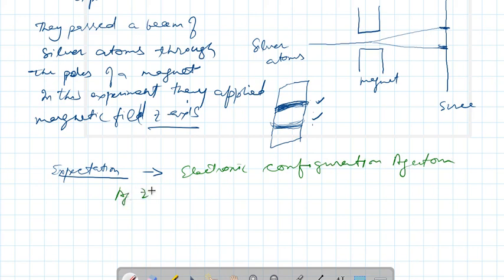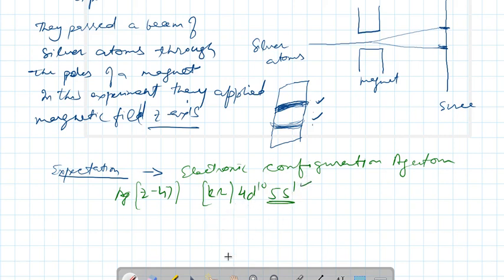Silver atom, its atomic number is 47 and its electronic configuration is krypton 4d10 5s1. It is one unpaired electron, rest of the electrons are paired.